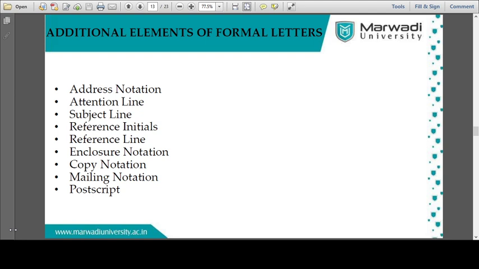So what this shows is that whenever we write this kind of initials, one person has dictated the content of the letter and another has written it. So if you want to clarify this, at that time this kind of reference initials is used in letter writing.